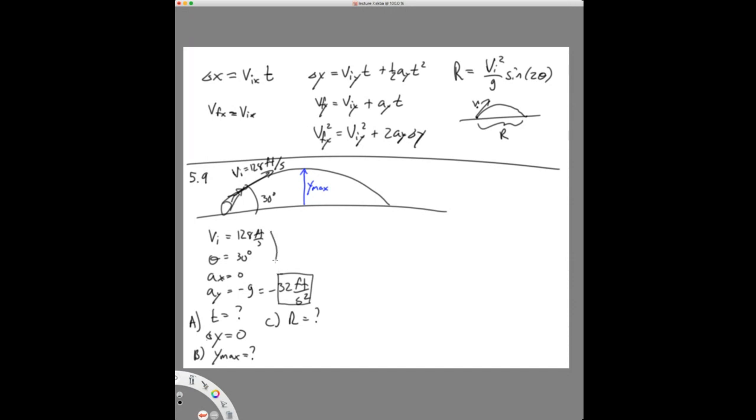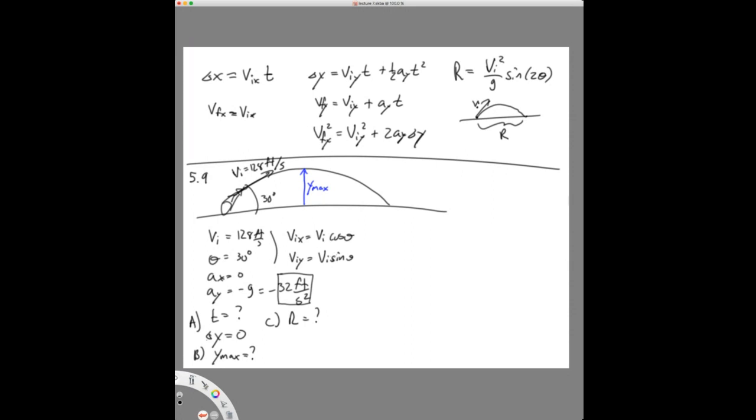Second of all, we have V initial and theta, and almost the first thing we want to do every time is take that information about the initial velocity that's in the polar form and turn it into the Cartesian or component form. So we could say Vix equals Vi cosine of theta, and Viy equals Vi sine of theta.